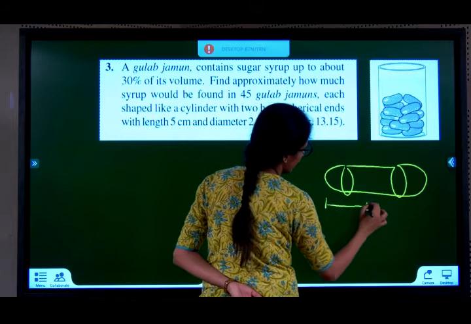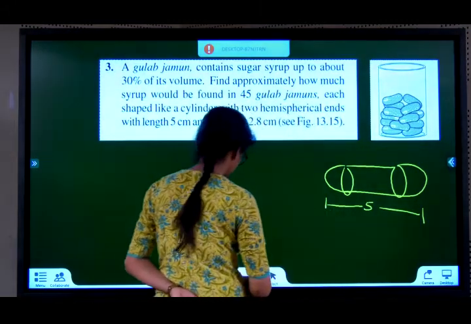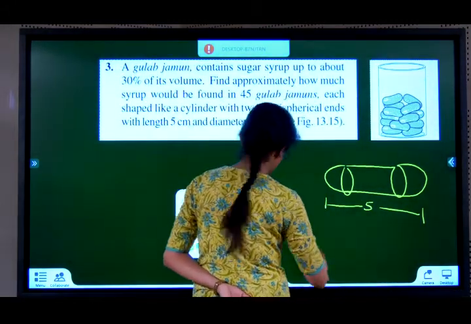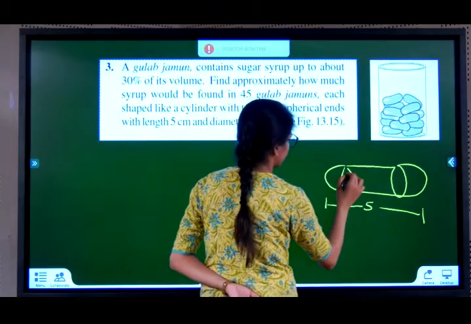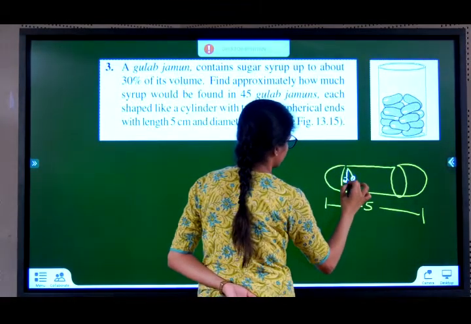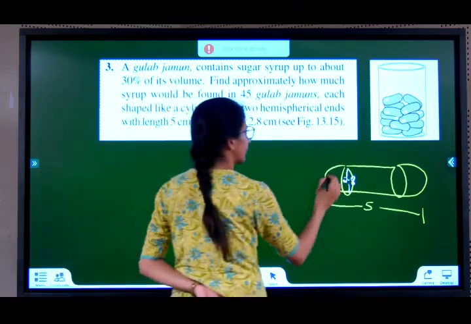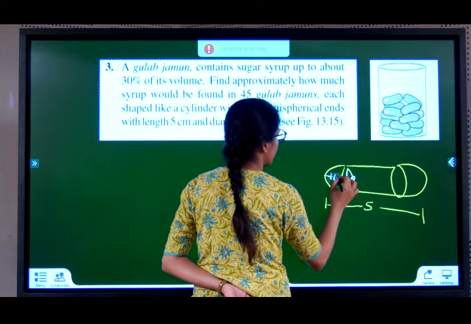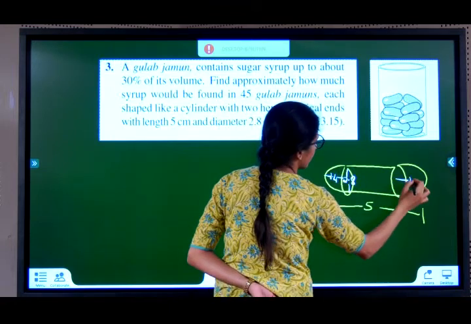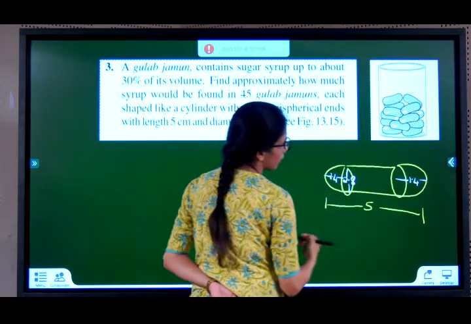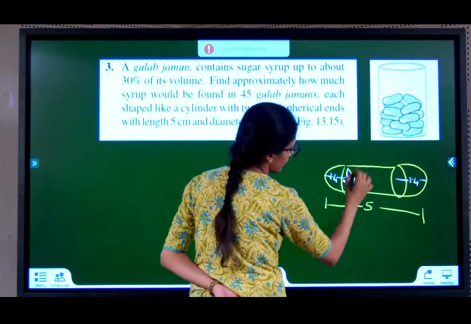Length given is 5 centimeters and diameter is 2.8. If diameter is 2.8, radius is 1.4. Here also radius is 1.4. So what will be the height of the cylinder?